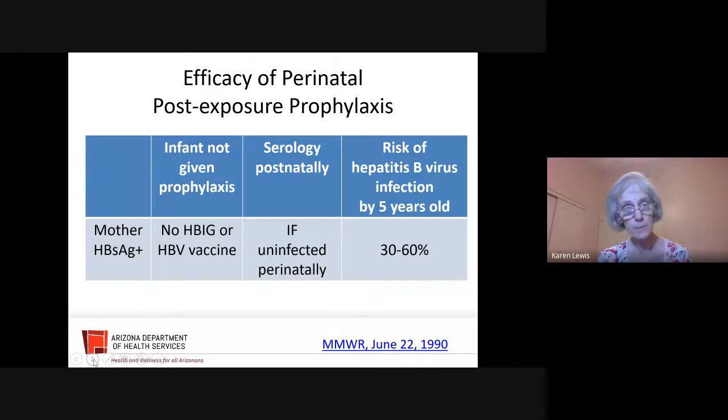Of interest, when a mother is hepatitis B antigen positive, and the child does not get HBIG or vaccine, and serology shows the child was not perinatally infected, but continues to live with at least one person who is hepatitis B surface antigen positive, they have a pretty high risk of developing hepatitis B virus infection by 5 years of age.